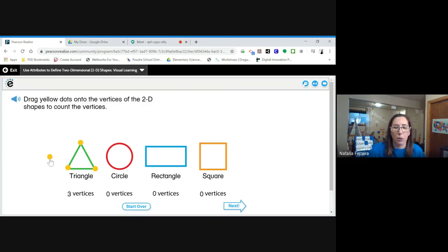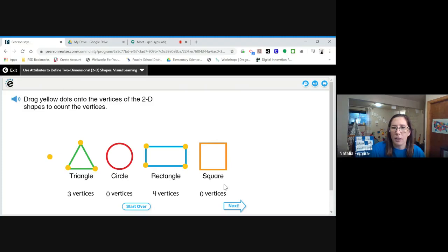So let's move to the rectangle. Make your fingers into vertices. How many vertices does my rectangle have? 1, 2, 3, 4. My rectangle has 4 vertices.